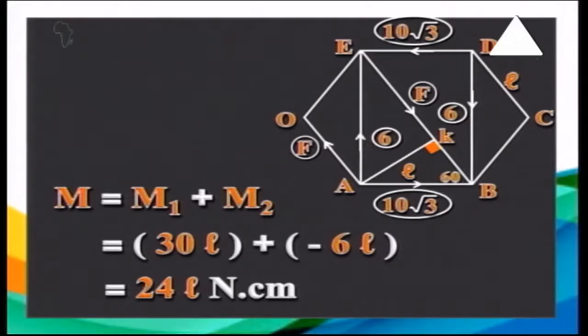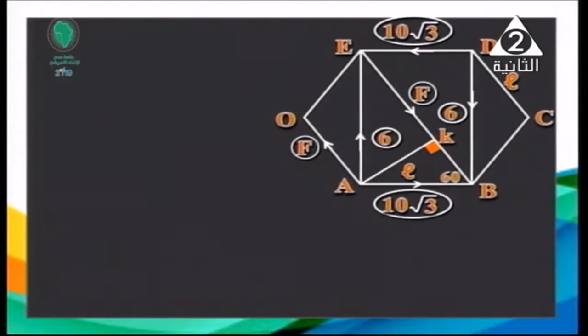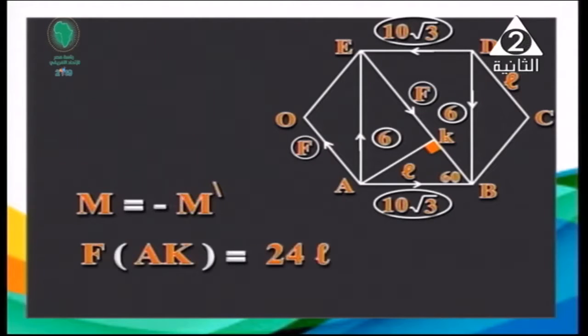My dear student, we know that M equals negative M dash. What is the M dash? The M dash is the couple of the two forces, each one is F, with distance between them AK. Then F times AK equals 24L.